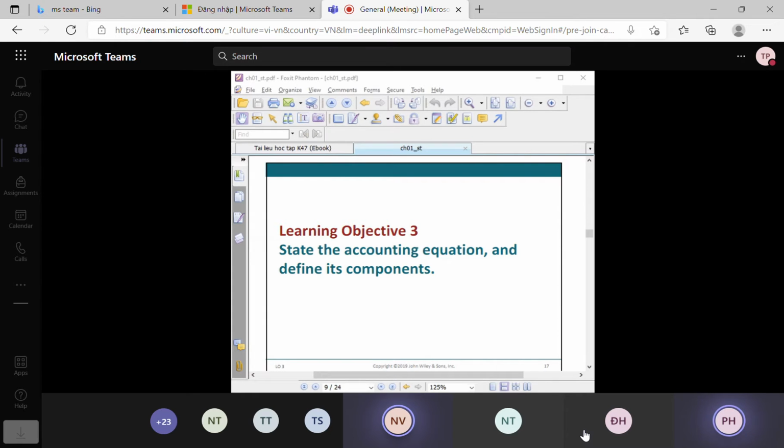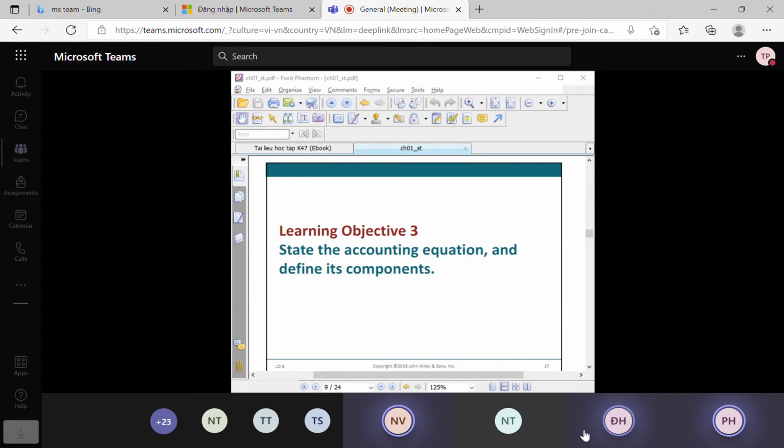This part is very difficult, so please focus your thinking, your brain, on this one. So IASB said that this is the accounting equation.